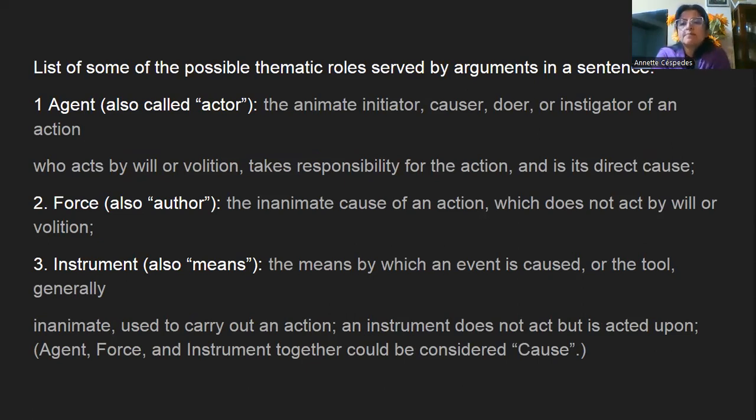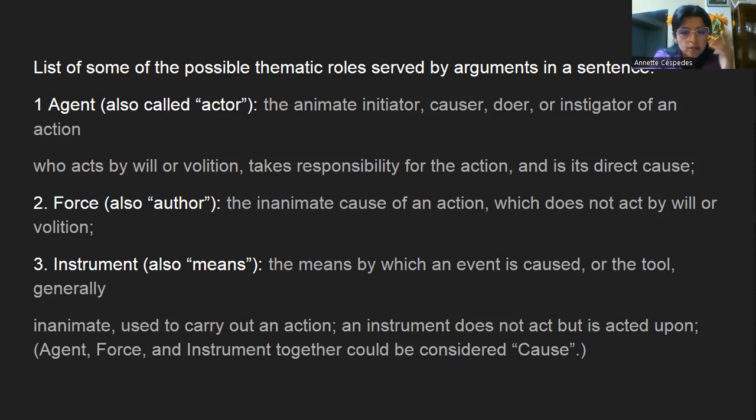The first one is agent. It is also called actor, which is basically the animate initiator, the causer, the one that causes the action. This one acts by will and takes responsibility for the action. The second one is force, also called author. It's the inanimate cause of an action, which does not act by will or volition.